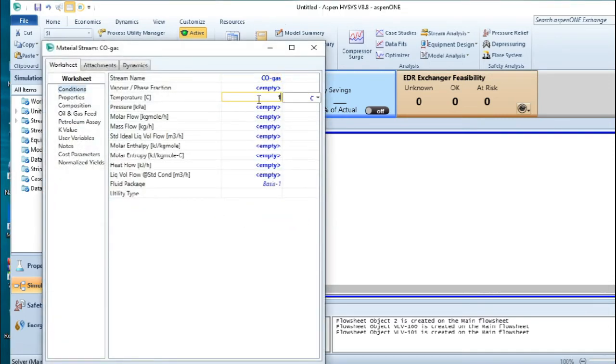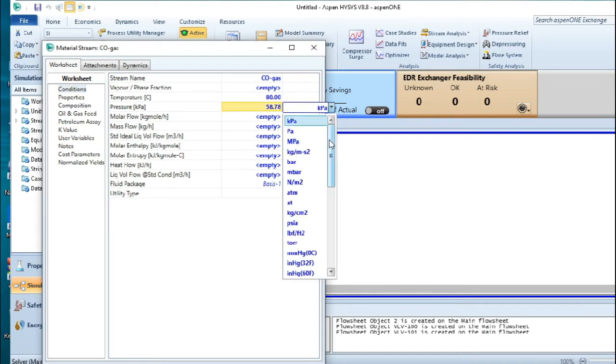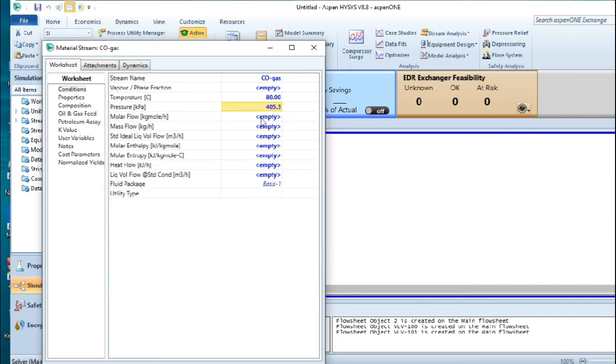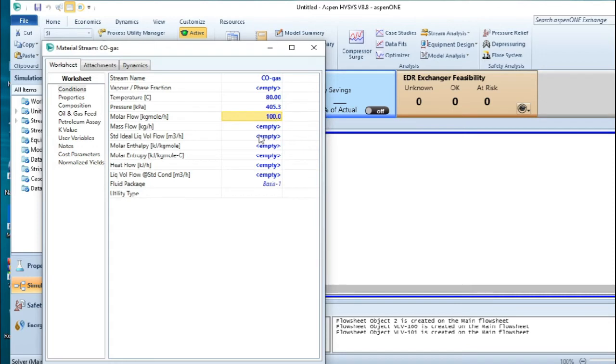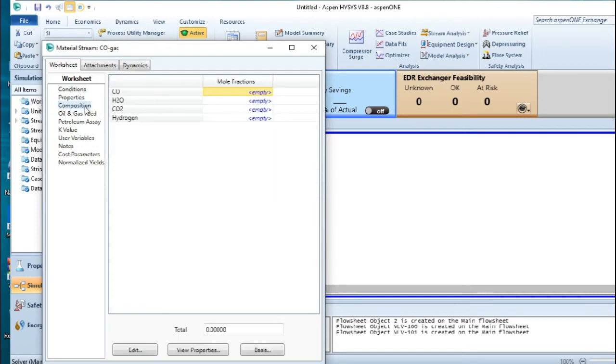So we now go to carbon monoxide. The same thing, I have 176 degrees Fahrenheit. I also have a pressure of 58.78 psi. Also I have 100 kgmol per hour for the flow rate. Then the composition here I have 90%, that is 0.9.